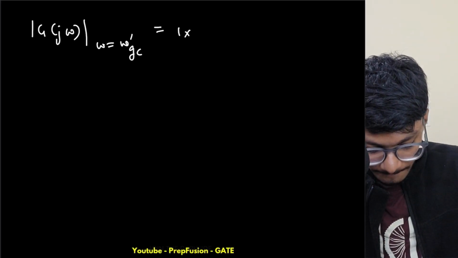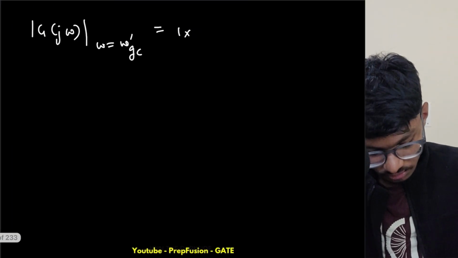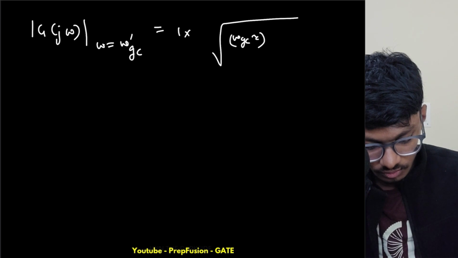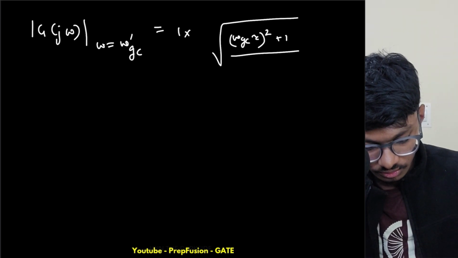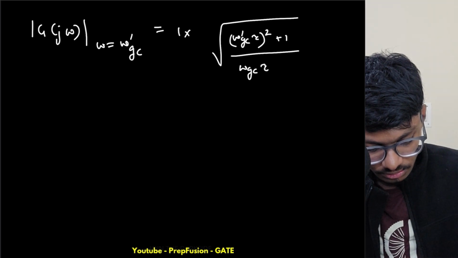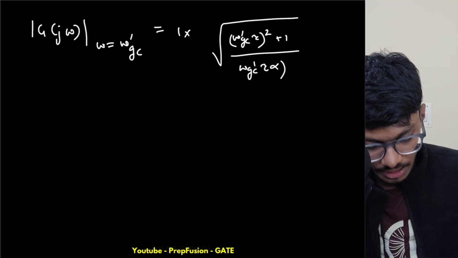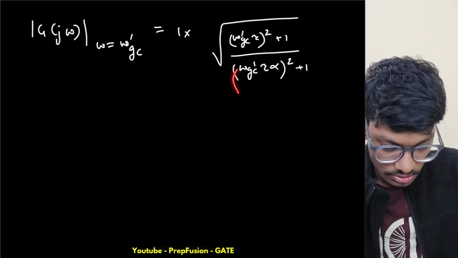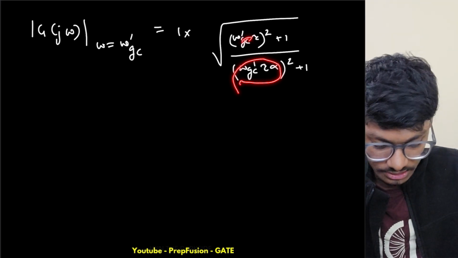So 1 into this under root omega gc tau whole square plus 1, not gc dash, and omega gc tau into alpha whole square plus 1. Now what do we know? Alpha is less than 1. So overall this thing will be less than this.